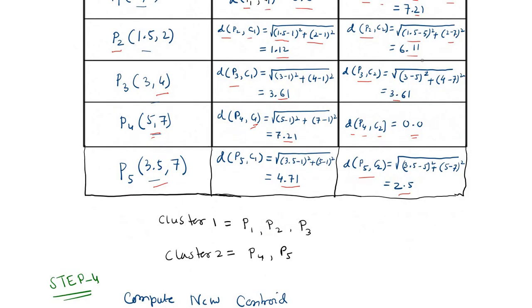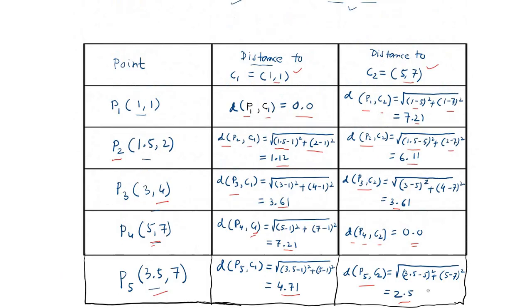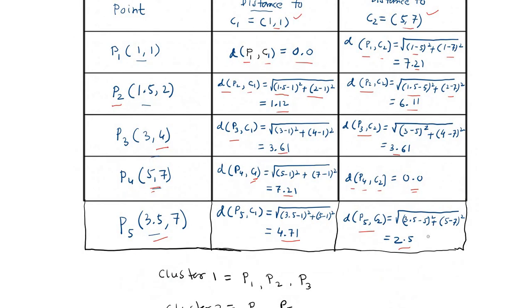Once this is done, if you see centroid 1, for P1, P2 and P3 the values we are getting are very close.